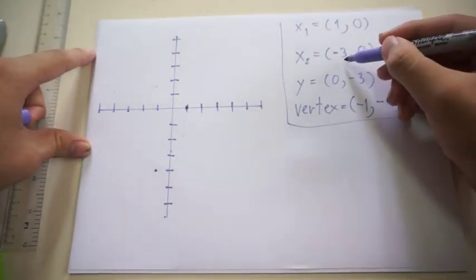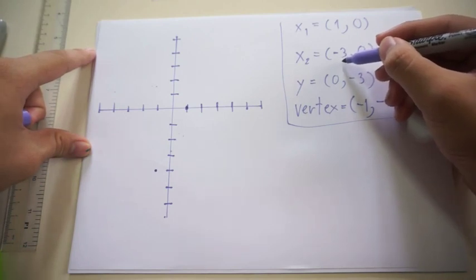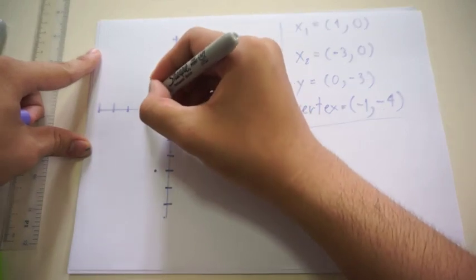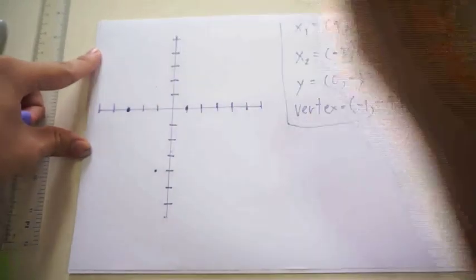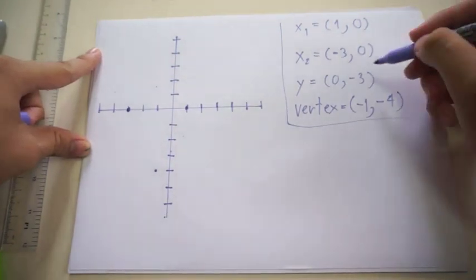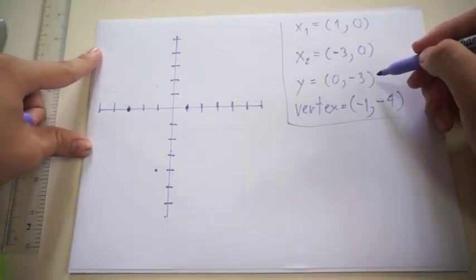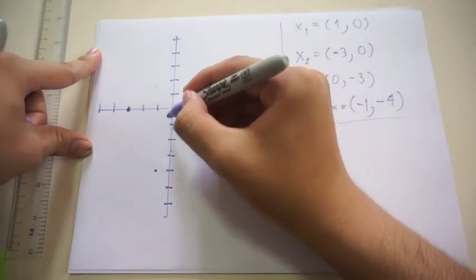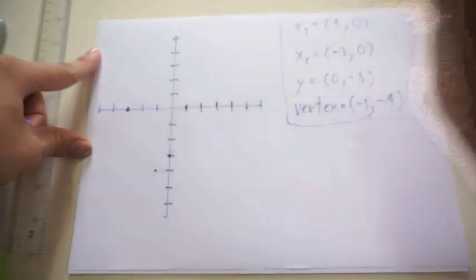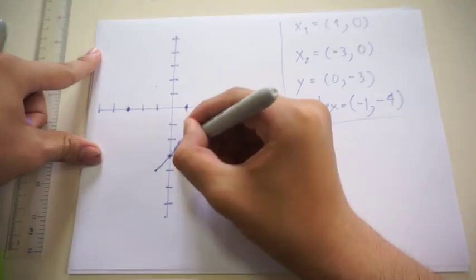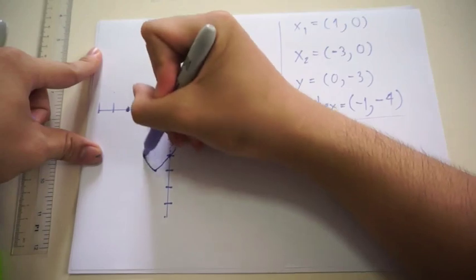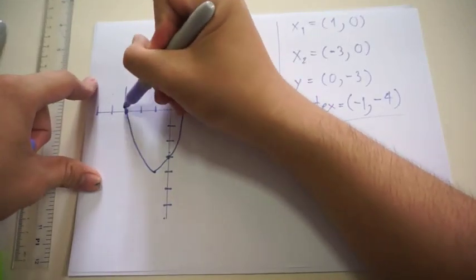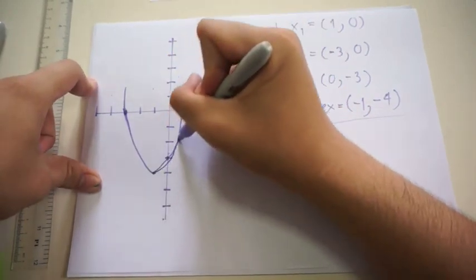And the second x-intercept is -3, which would be 1, 2, 3, right here. And we will have the y-intercept, which will be -3, would be 1, 2, 3. And now you could draw a graph. And it will be around something like this.